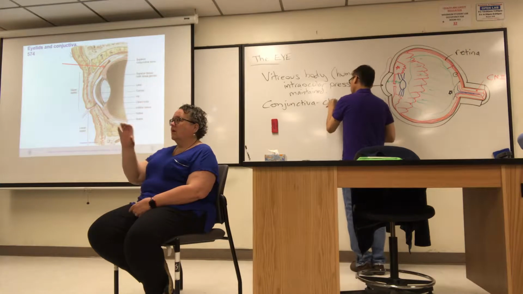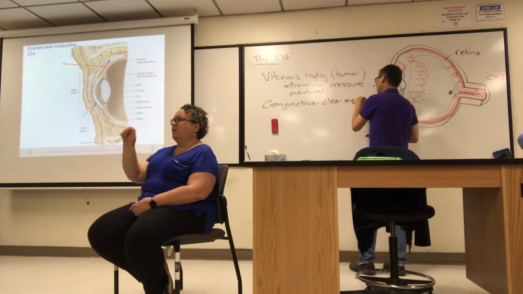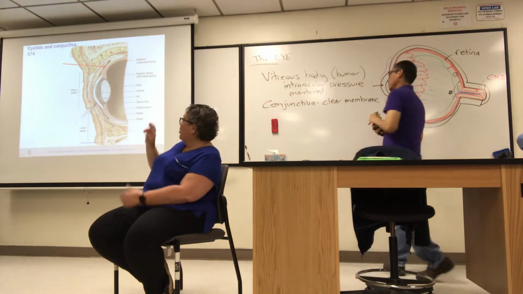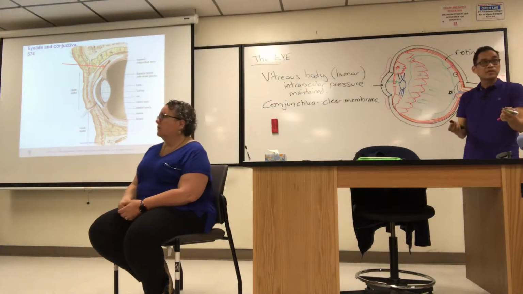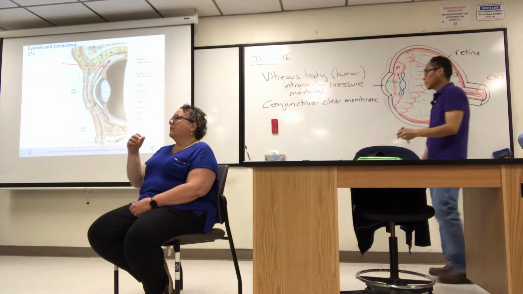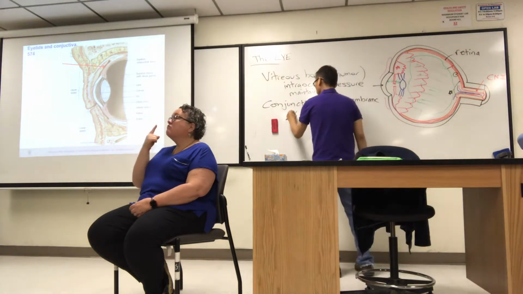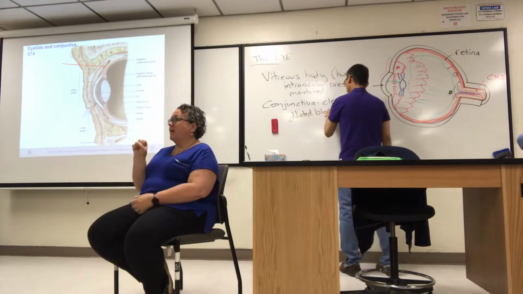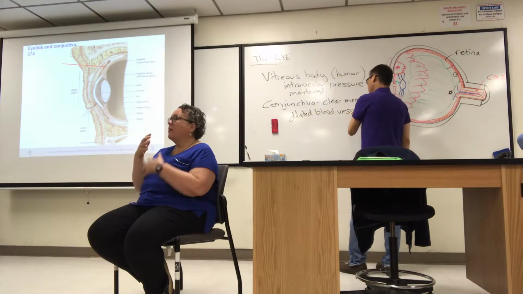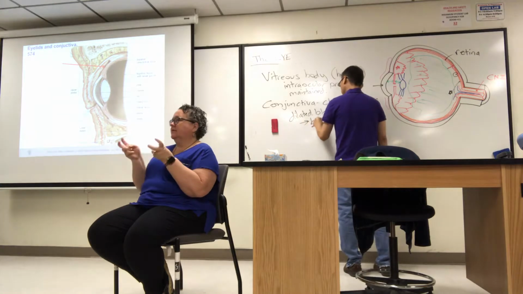It's a clear membrane, except when you get bloodshot eyes. I guess the blood vessels get too dilated. Dilated blood vessels for bloodshot eyes.